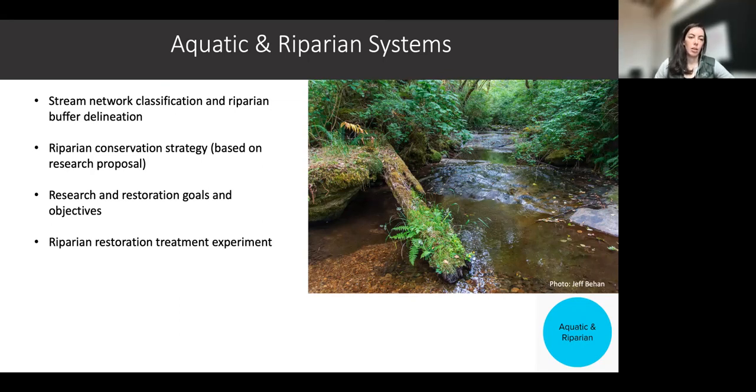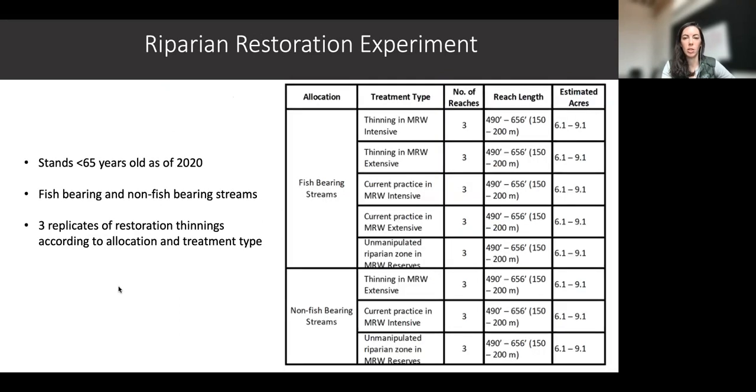And then a final category here is looking at specifics of experimental designs. This draft has a more detailed approach of the riparian restoration treatment experiment, and includes a table that shows the proposed approach. Again, this is all for stands less than 65 years old in riparian areas as of 2020.